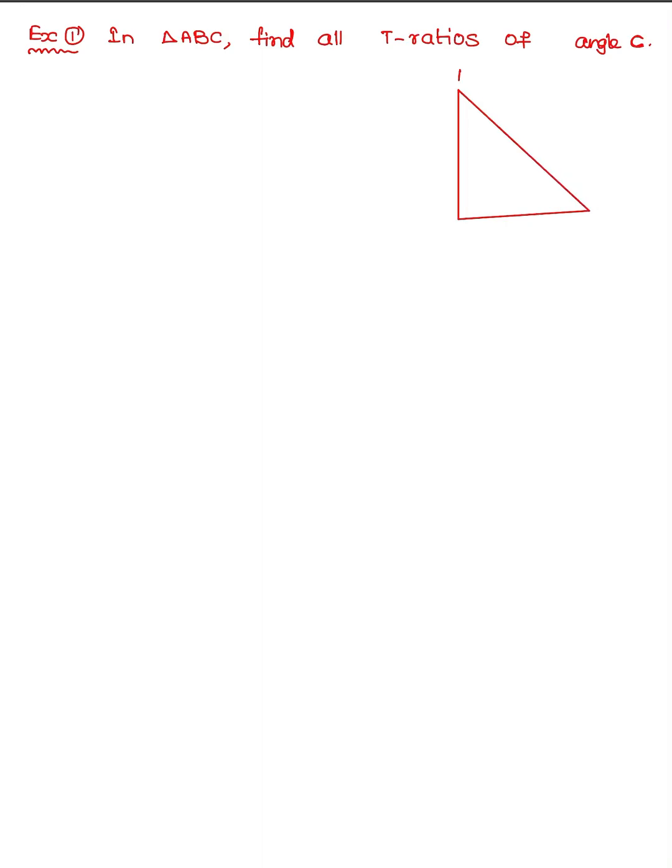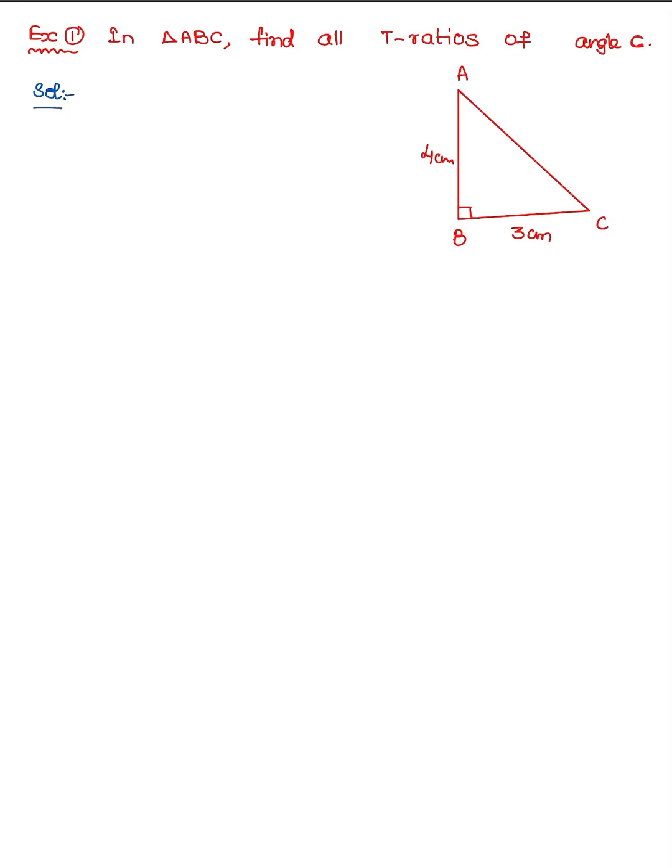Okay, this is A, B, C. AB is 4 centimeter, BC is 3 centimeter, right? So only two sides are given here. The third side we need to find by using Pythagoras theorem.